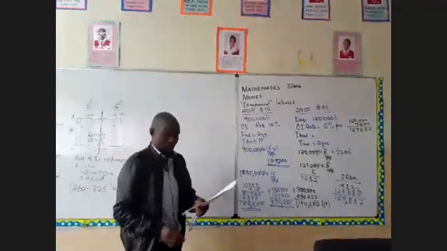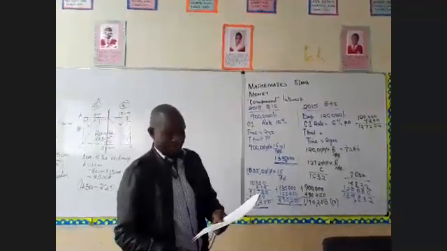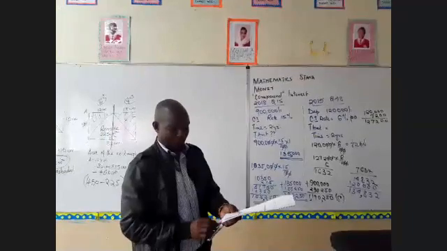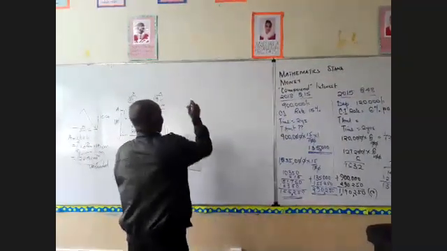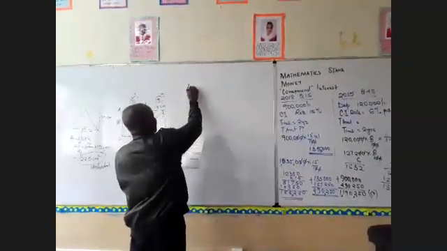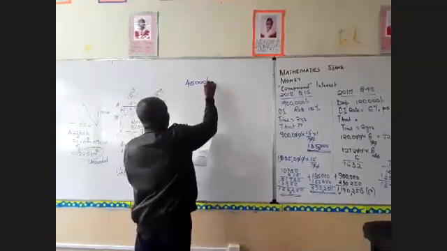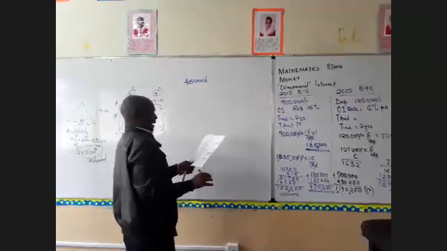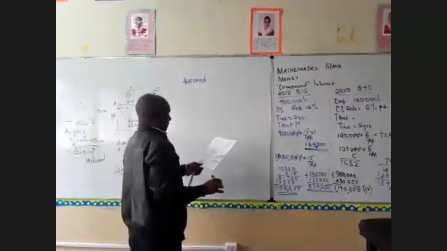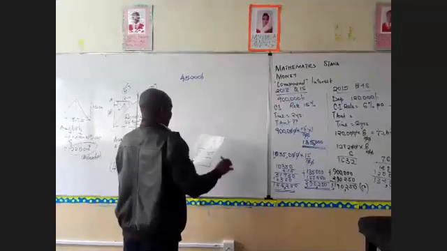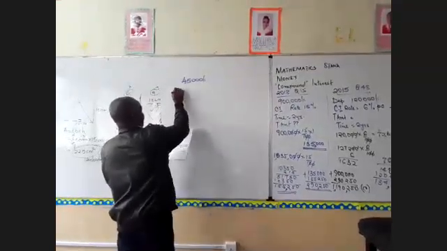Listen to this story. Muli borrowed 45,000. So the money borrowed was 45,000. From a bank to start a business, the bank charged simple interest of 15% per annum.